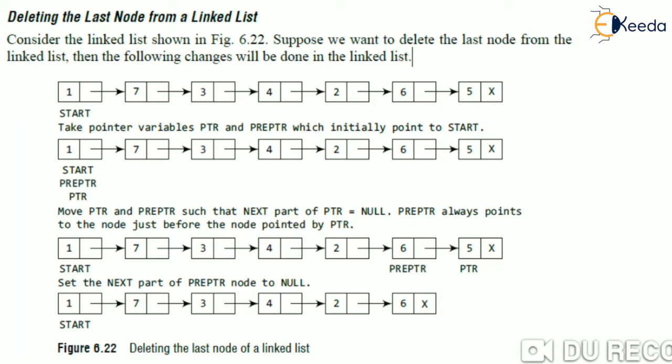Okay, then the original actual procedure starts. Move pointer and pre-pointer such that the next part of the pointer is equal to null. We are searching for the node in such a manner that the next part of the pointer is equal to null.